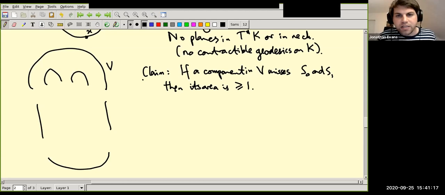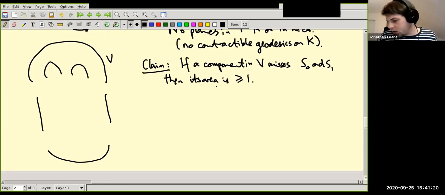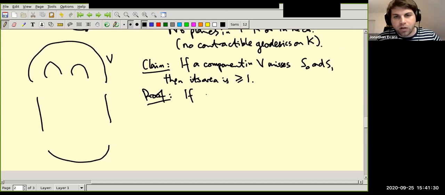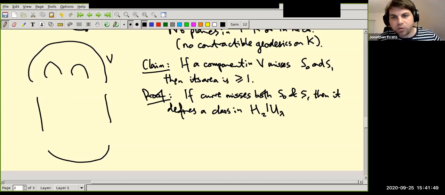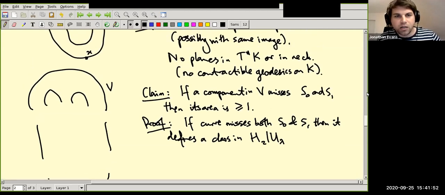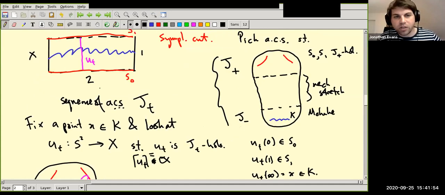Okay, so why is that? Let's prove this first, and then I'll go on and explain how this helps. Well, if the curve misses both S0 and S1, then really it defines a class in the homology of U lambda, which, just whizzing back up again, U lambda was this non-compact thing where we cut out the top and the bottom spheres.